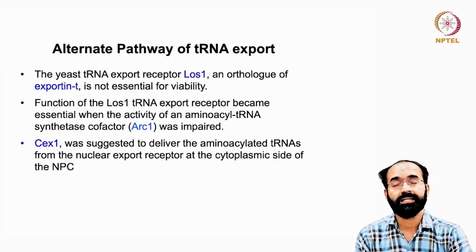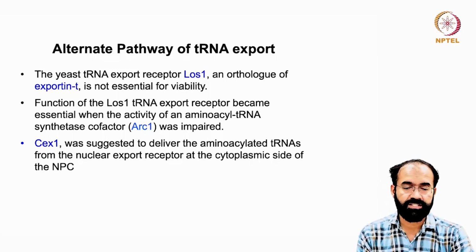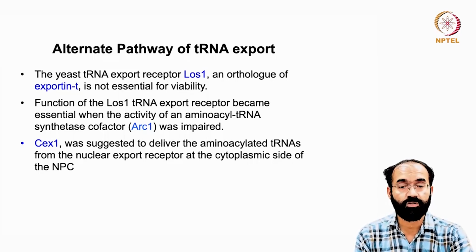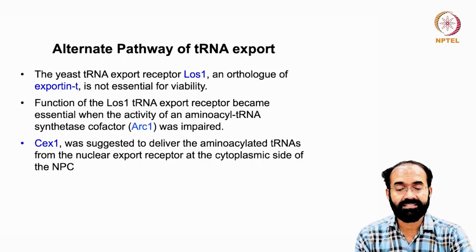So if LOS1 is defective along with ARC1, which is an aminoacyl tRNA synthetase cofactor, then the absence of LOS1 becomes important. Another protein, SEX1, was suggested to deliver the aminoacylated tRNAs from the nuclear export receptor at the cytoplasmic side of the nuclear pore complex.